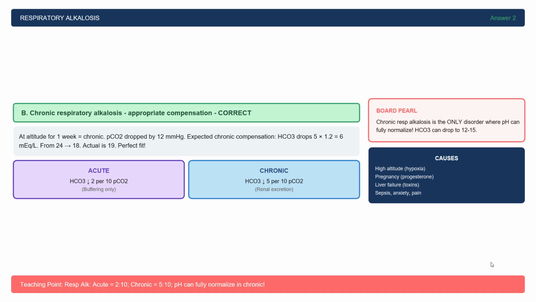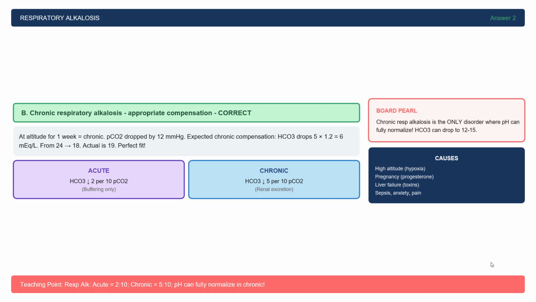Here's an important pearl. Chronic respiratory alkalosis is the only acid base disorder where the pH can actually return close to normal because the kidneys can lower bicarbonate significantly, sometimes even down to the lower teens.